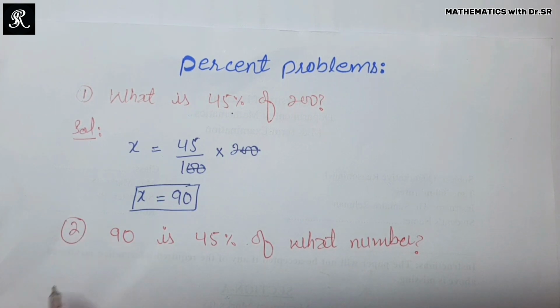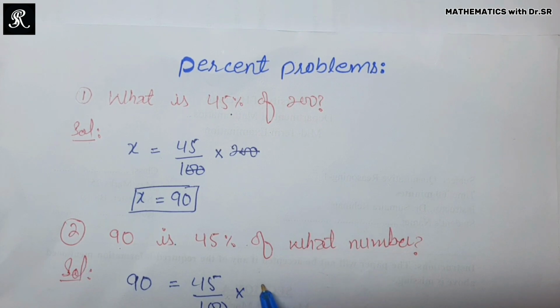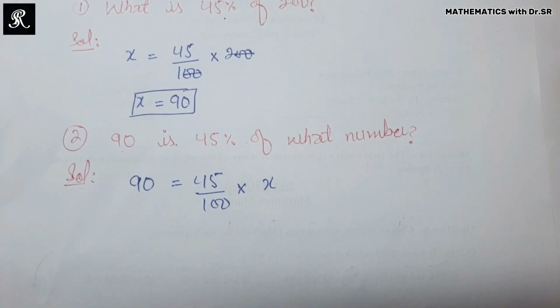So here we will again use those replacements. 90 is 45%, 1 upon 100, of with multiplication, and what number? That would be x. Now we need to simplify it.